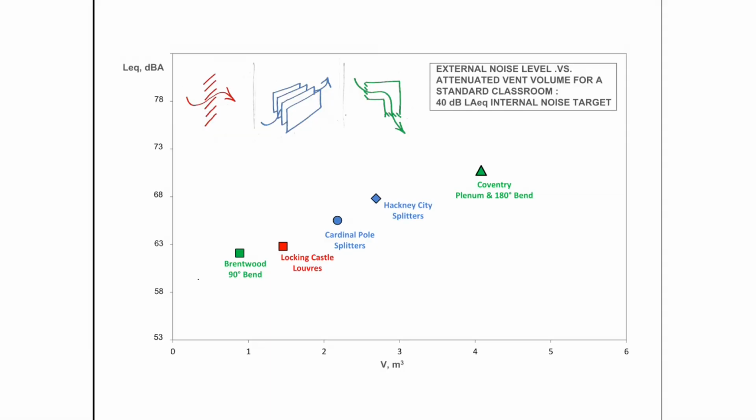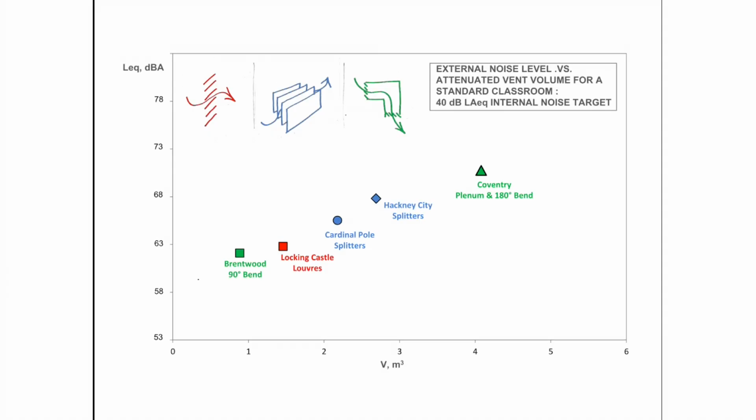So what this shows here is, we assume that a standard open window would provide 13 dB attenuation difference to inside a classroom. So here this 53 means the level at which we don't need acoustic attenuation in the windows. This is approximate, it depends on the area of the window relative to the facade.